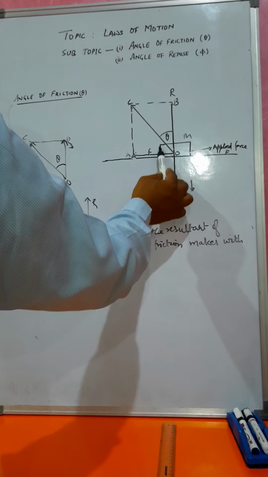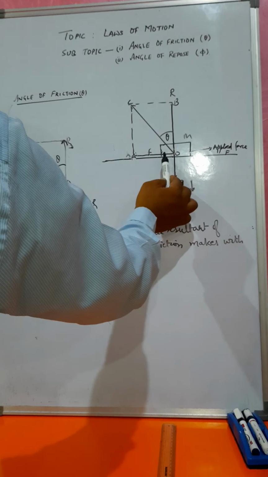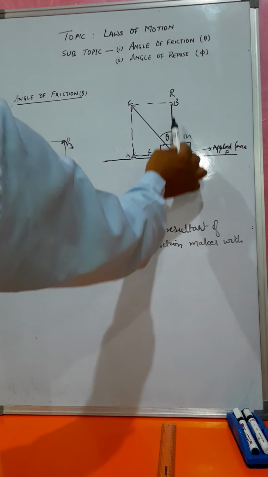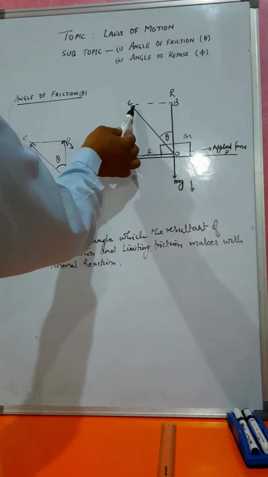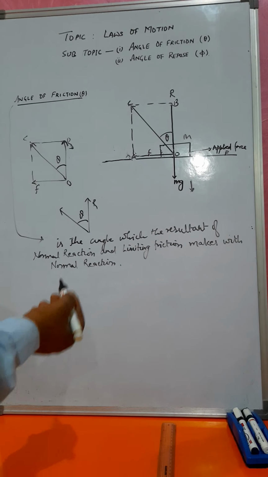Suppose this is a body which is placed on a horizontal surface. This is the direction of the applied force F, and this is the force of friction, and this is normal reaction. The resultant of the force of friction and the normal reaction is OC, according to the parallelogram law of addition of two vectors.